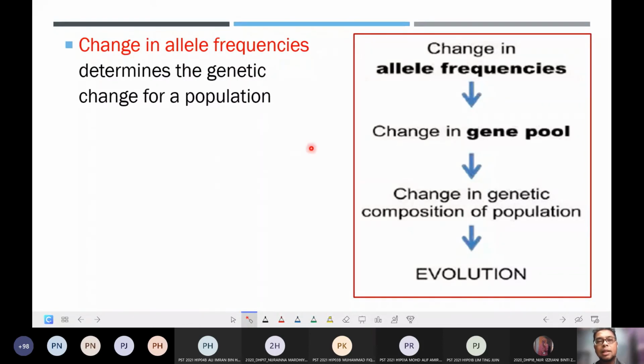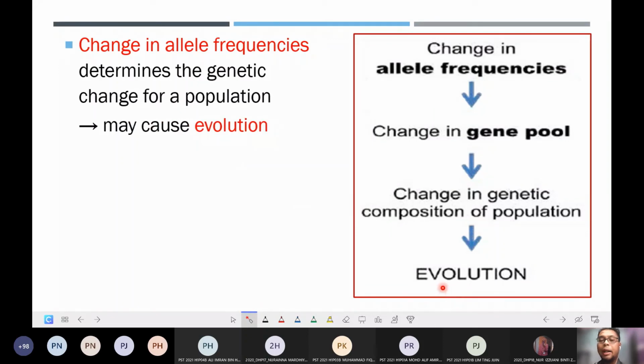If there is a change in the frequency of the alleles, this will affect the gene pool, and the change in the gene pool will bring about a change in the genetic composition of a population, which in the long run may cause evolution to happen.